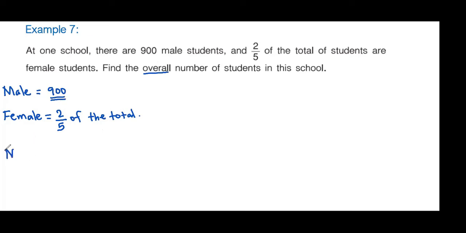What is the fraction of male students? 900 out of 1, right? No. The fraction. If, for example, the fraction of female is 2 out of 5, what is the fraction of male?